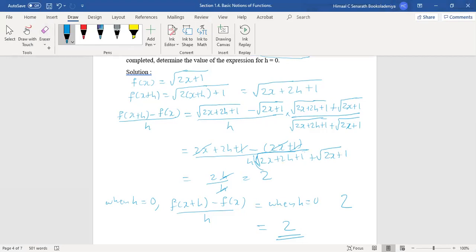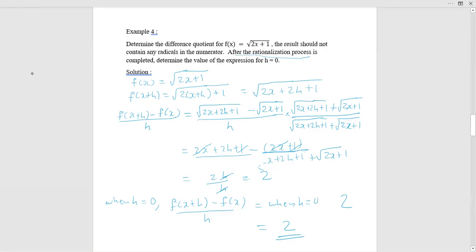Okay, let me erase this part here and do that over.